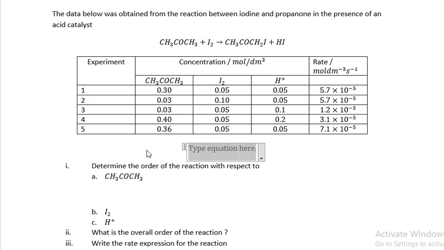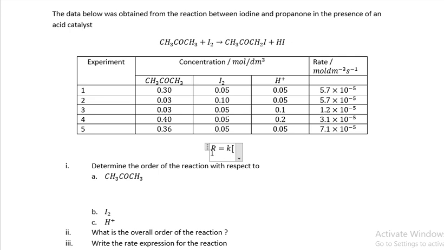Now the rate law says that the rate of any chemical reaction in any experiment is equal to the rate constant, we call it K, times the product of the concentration of the reactants raised to their partial orders.